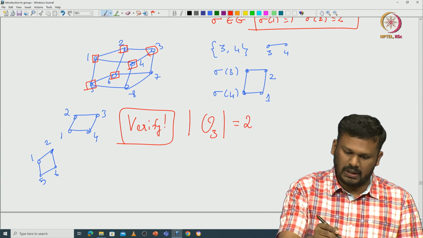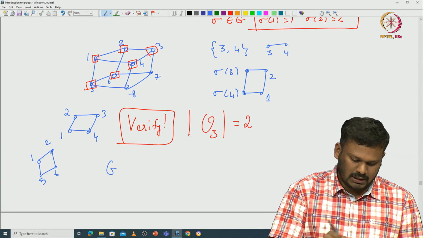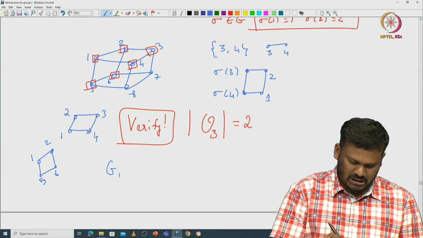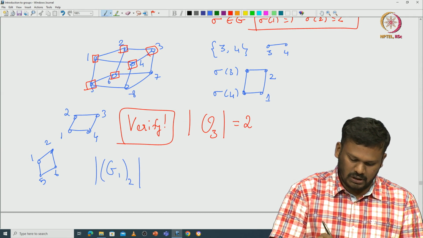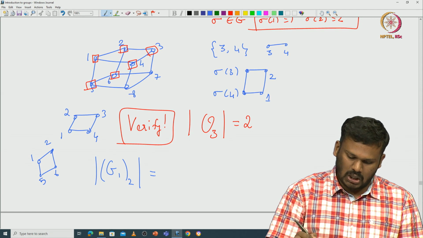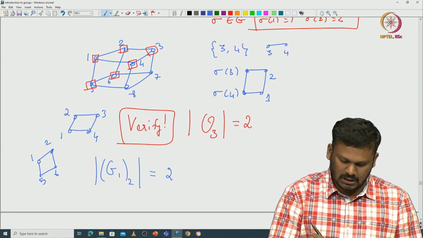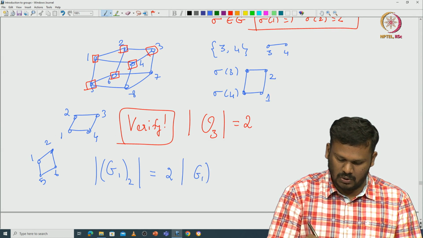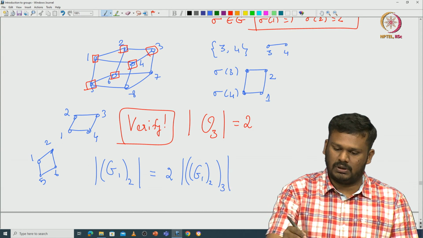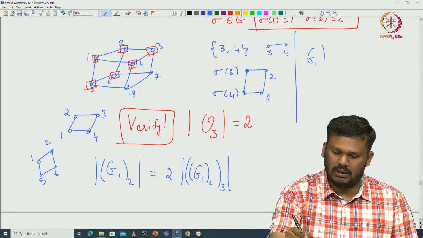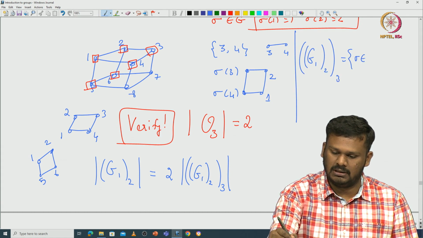So then you can prove that the cardinality of this G12 is going to be exactly equal to the cardinality of the orbit, which is 2, times the cardinality of the stabilizer G123. So basically what is this G123? This is those sigma in G12 that fixes 3.